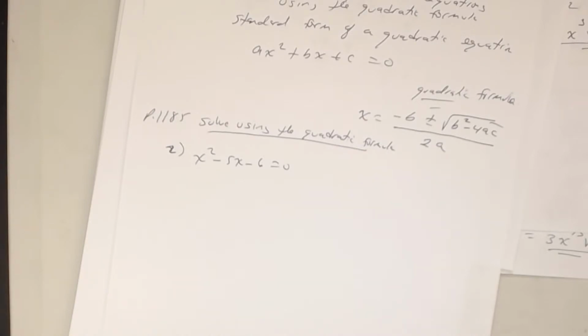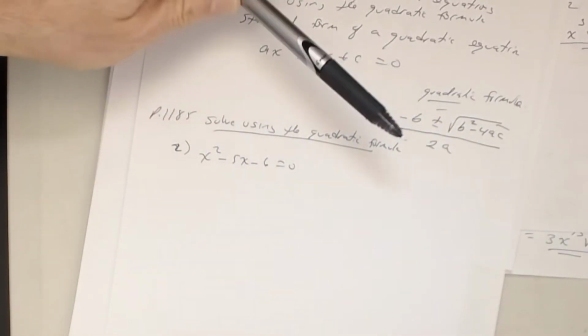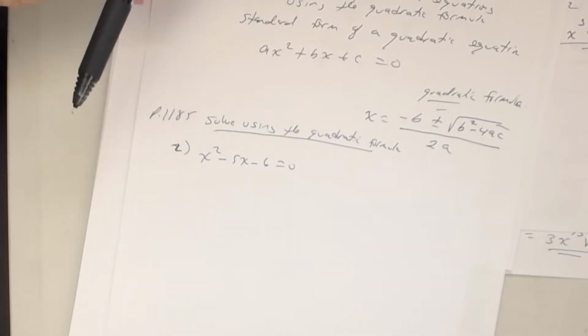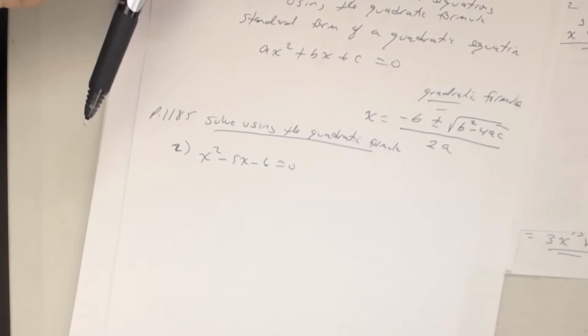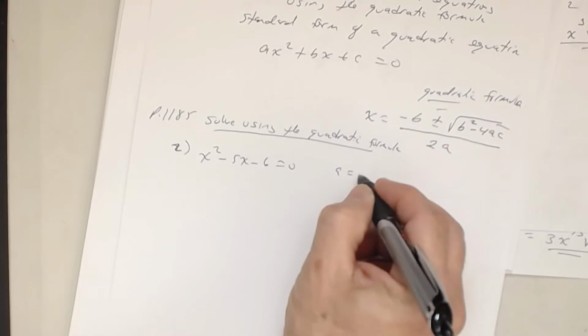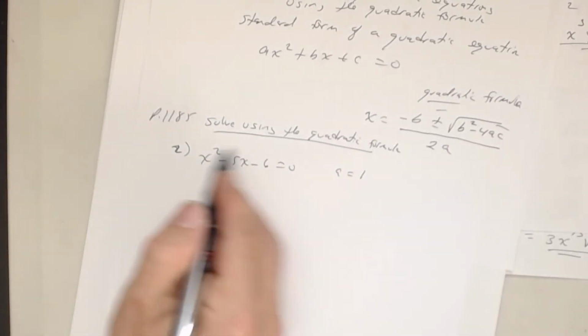If I'm going to use the quadratic formula, I need to know what A, B, and C are. Before I determine what A, B, and C are, I've got to have this in standard form. Is this in standard form? Yes. So now tell me what A is. A equals what? 1. The coefficient of x squared is 1.